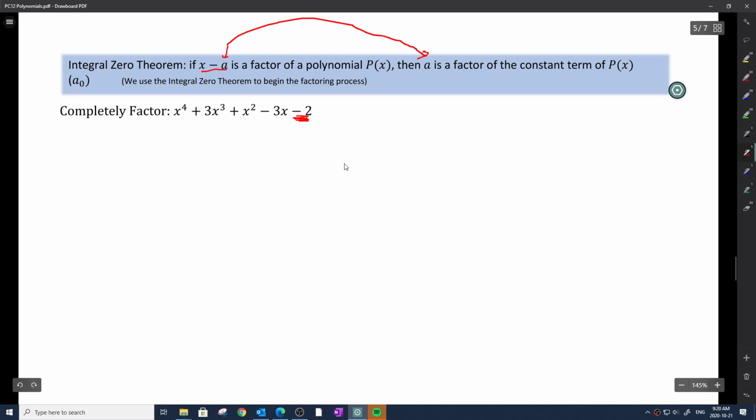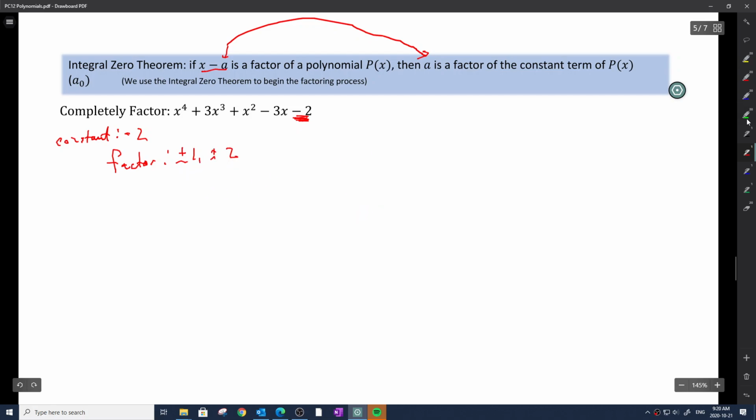What are some possible factors? Good, I don't know either. But I can use this theorem to say, well, what are the factors of my constant term? My constant is -2. So the factors of -2 are plus or minus 1, plus or minus 2.